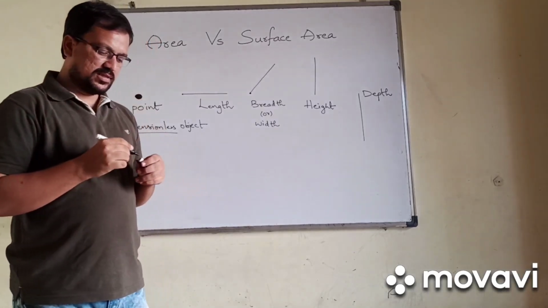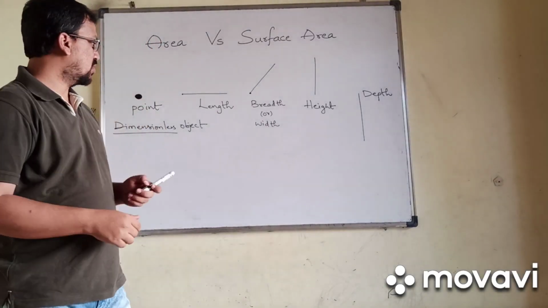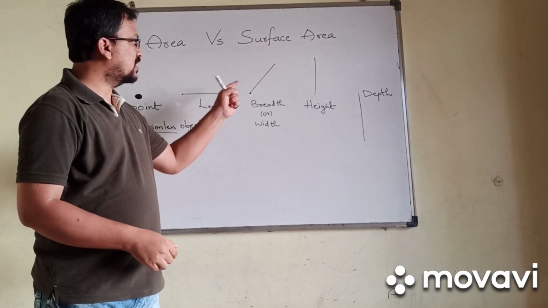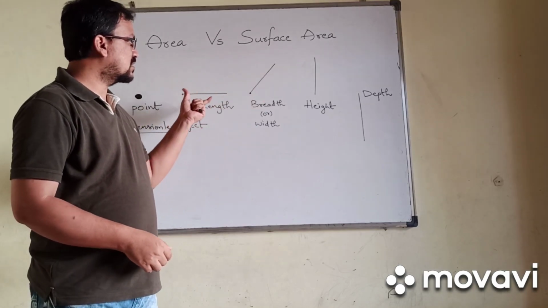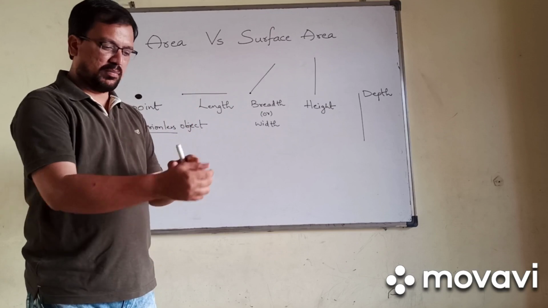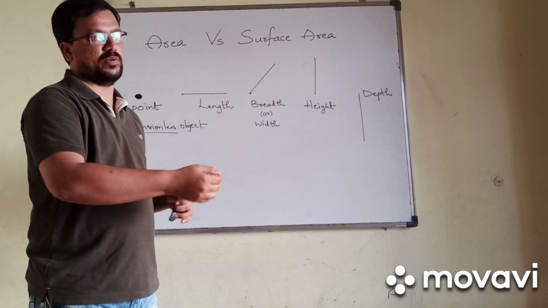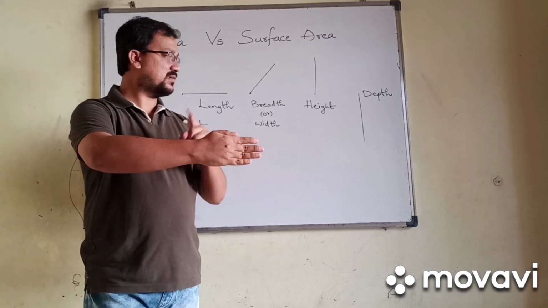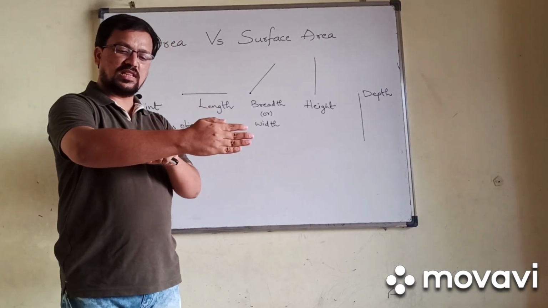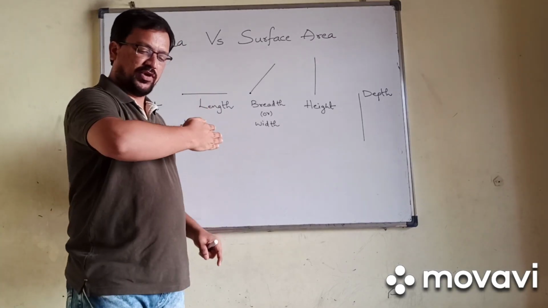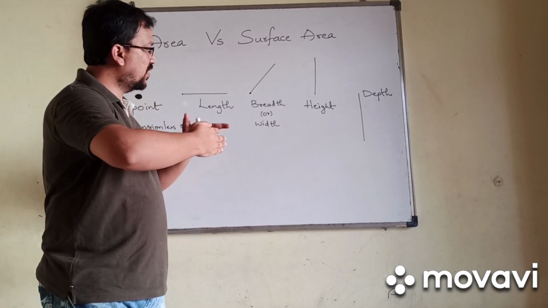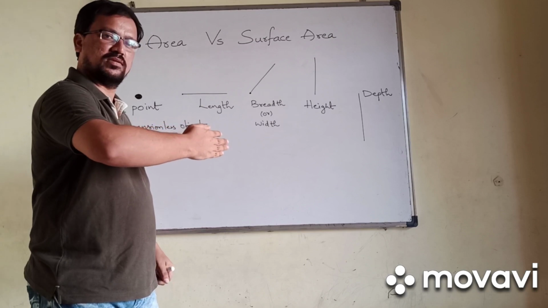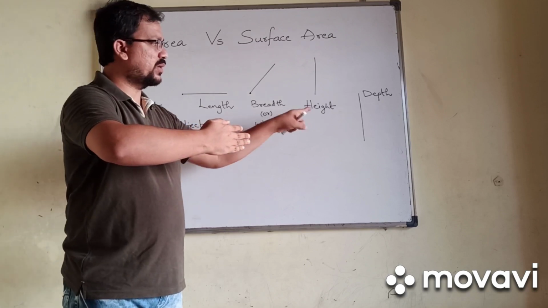Let me tell you in detail. Suppose these four line segments are in different directions. Let me take my hand as a line segment. If I show you like this, this is the length. If I keep this arm like this, then this will be called a breadth or width. Next, what about a height?